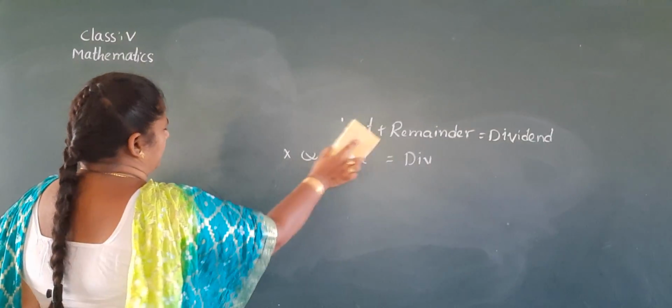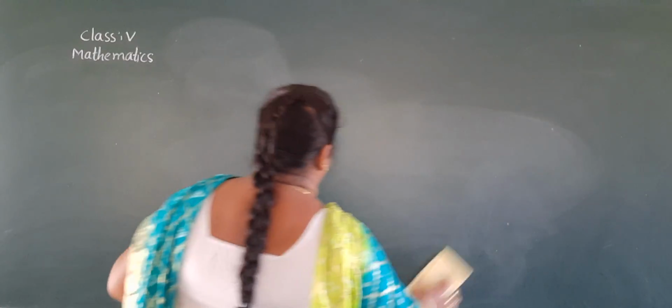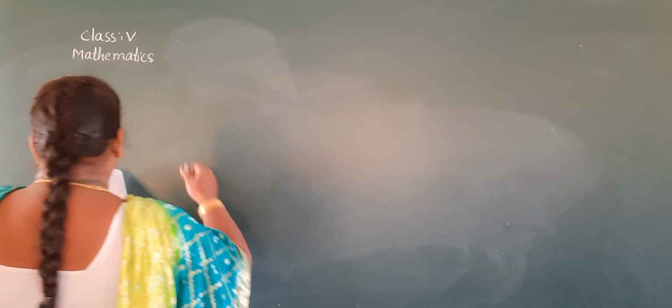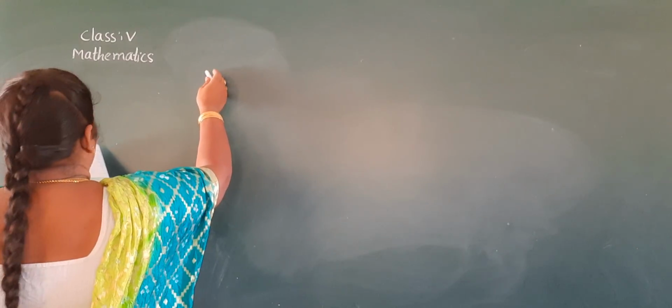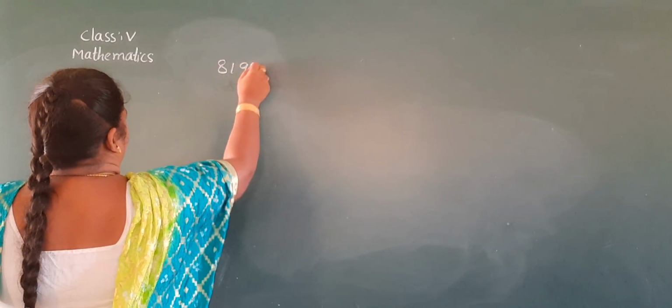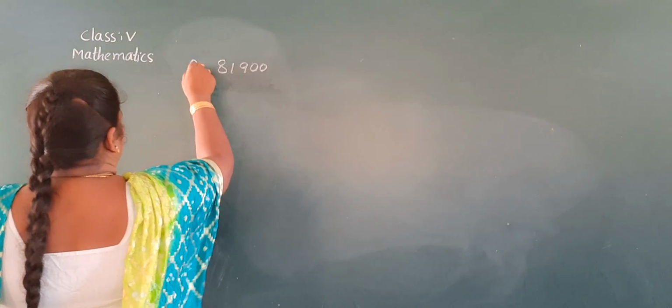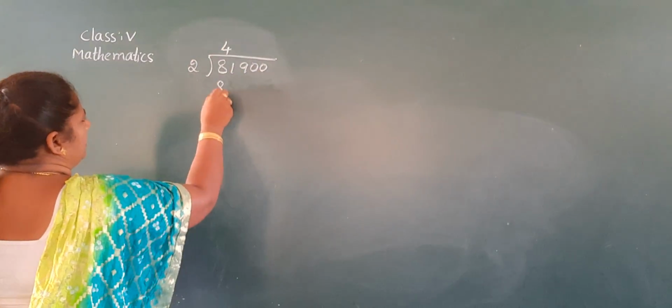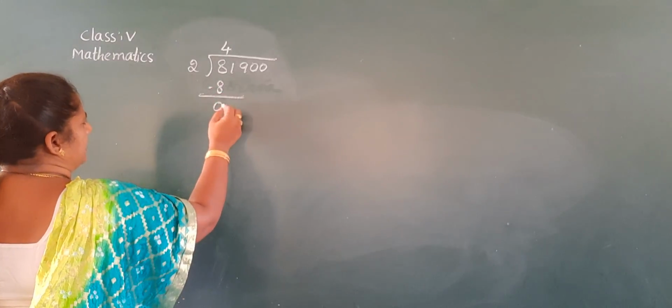Let us verify one problem. See here, children, 81,900 divided by 2. Do this division. 2 4s are 8. 8 minus 8 is 0.